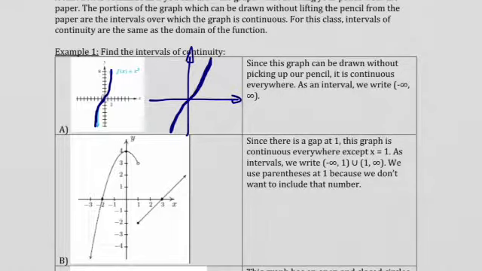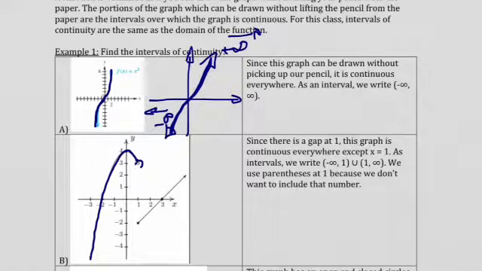This way you can see much better that we are going toward plus infinity on the x-axis, and we are going toward minus infinity on the x-axis right there. When I look at the second example, this graph is continuous everywhere except when x equals 1.